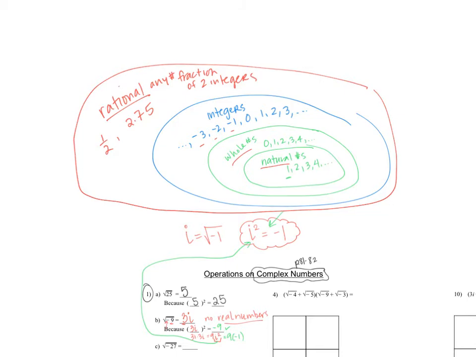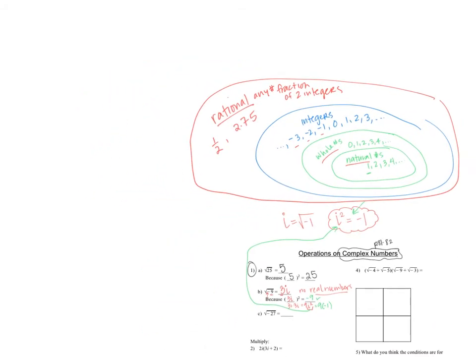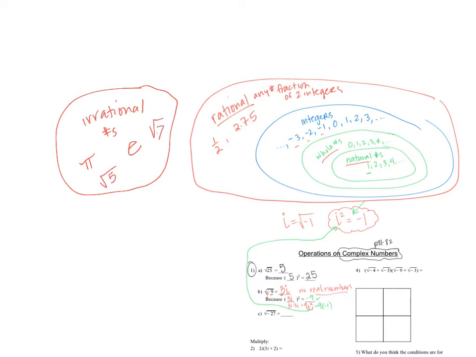But then we realized that there are some things that don't come out so nicely, and that's where we had the numbers that weren't rational. Those are our irrational numbers. We talked about those like pi and e most recently, and those radicals that just don't come out perfectly, like radical 5 or radical 7.